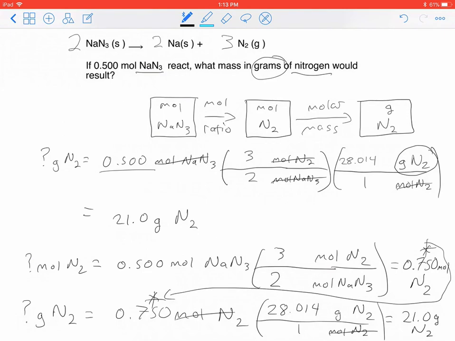This method is a little prone to rounding errors. I really like the way the top gets set up because it sets up nicely for your calculator. You use 0.500 times 3 divided by 2 times 28.014. Nice and easy. Your calculators can handle that simply. So I kind of like the top method better, but if the bottom method speaks to you, go ahead and space things out.